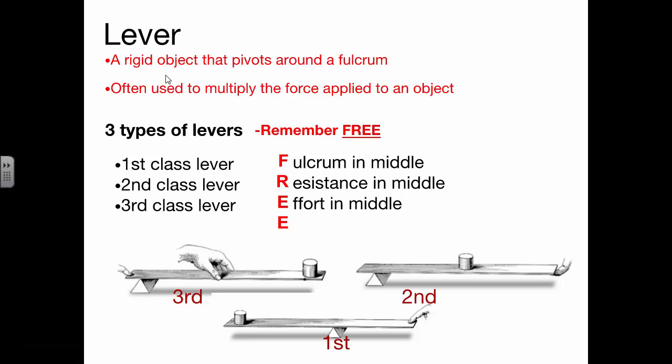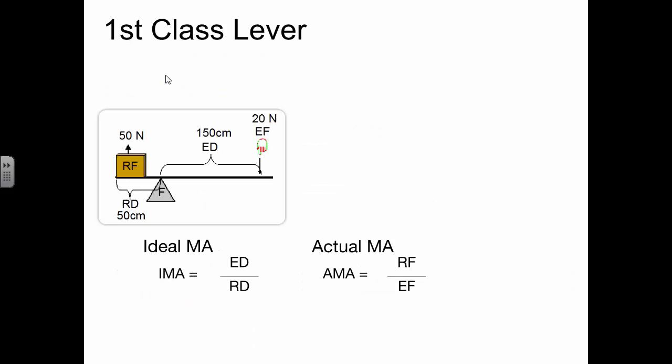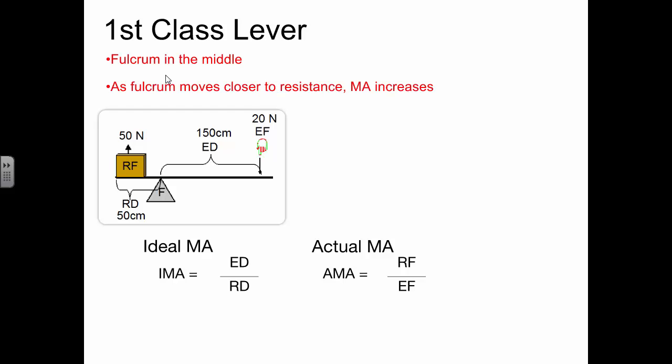So here we have our levers: first, second, third class levers. So you got to remember the word free to remember which class lever is which. Okay. Here we have a first class lever. Again, first class lever has the fulcrum in the middle. And a first class lever allows us to multiply our force.